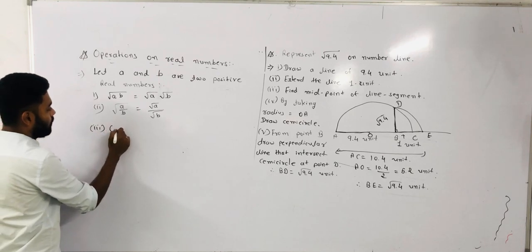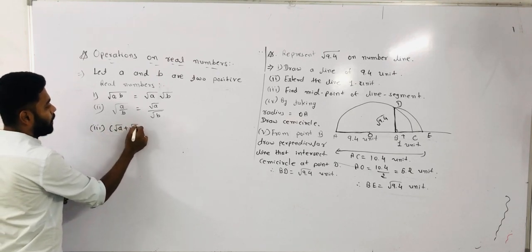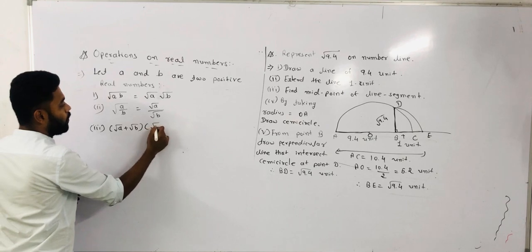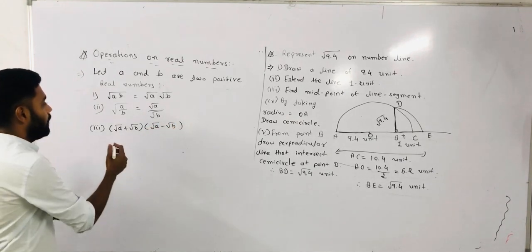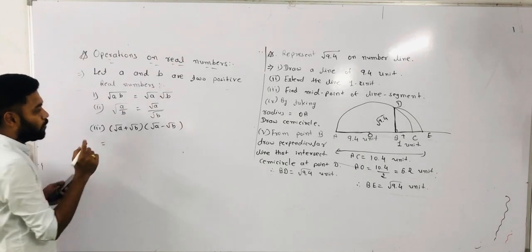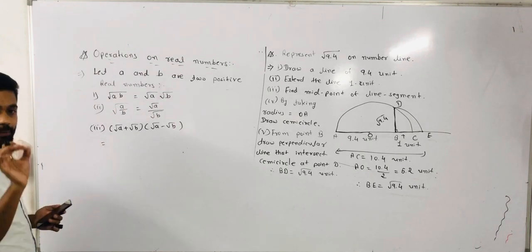if you are given root A plus root B into root A minus root B, then it is equal to, simply you have to open the bracket.